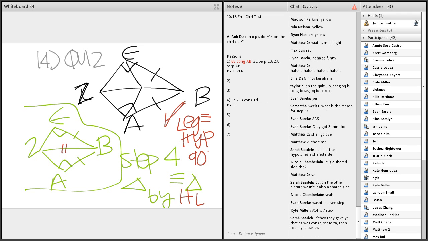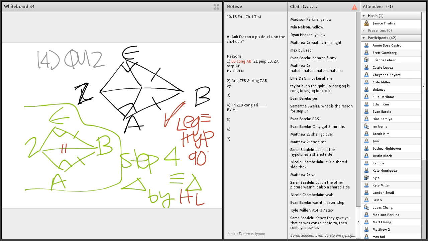So step 2, I'm going to use the perpendicular. I'm going to say angle ZEB is congruent to angle ZAB, by, oh no, not congruent. I want to say right angle. What am I doing?